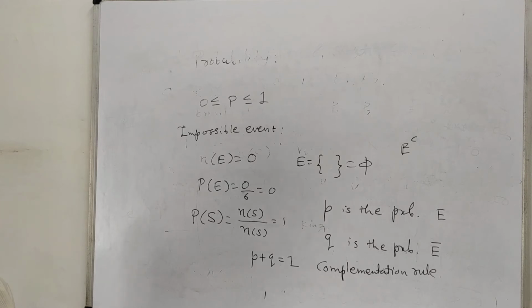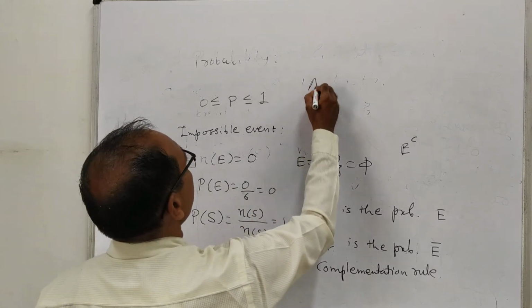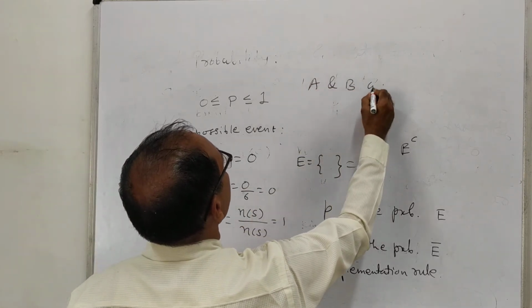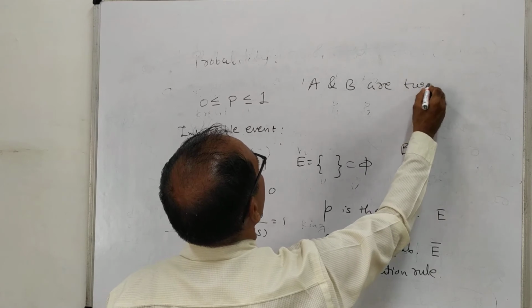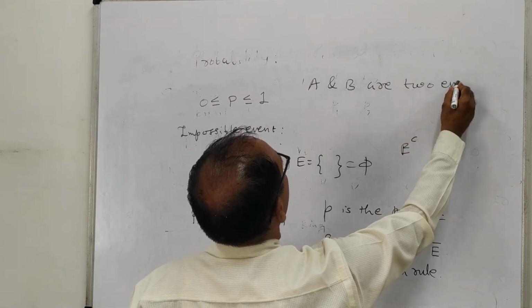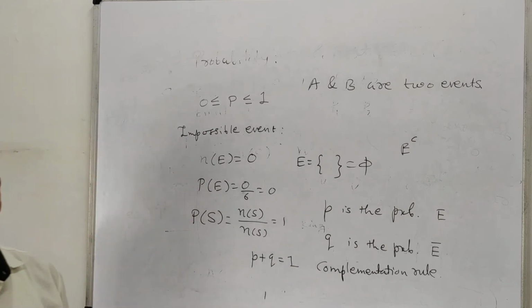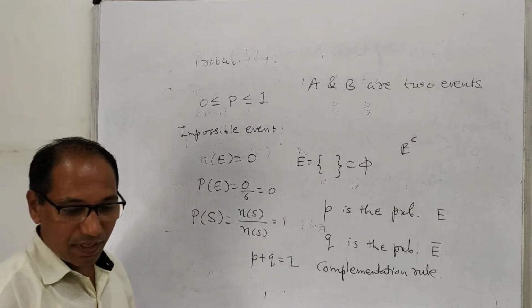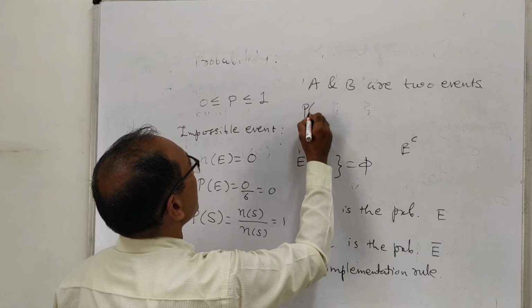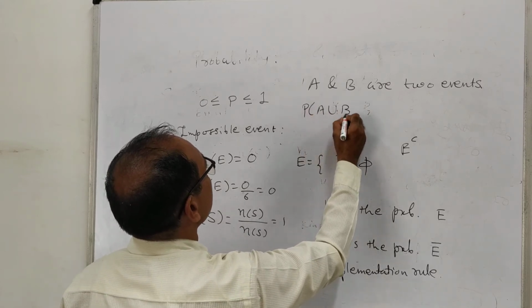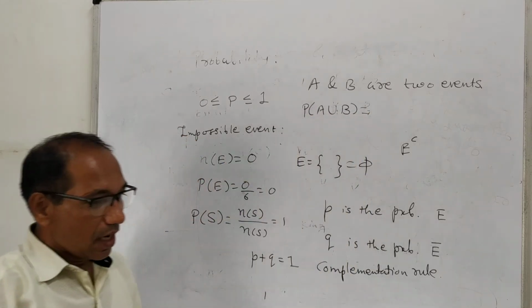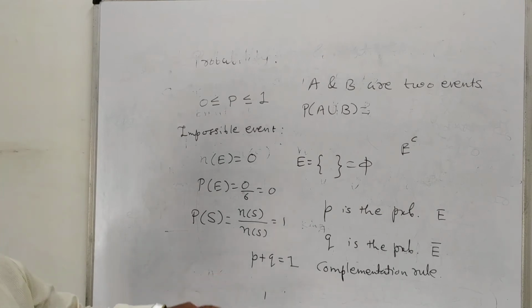Then we go for another thing. Suppose A and B are any two events related to the same sample space S. Then we have probability of A union B. That means the probability of occurrence of A or occurrence of B. Any one may occur.